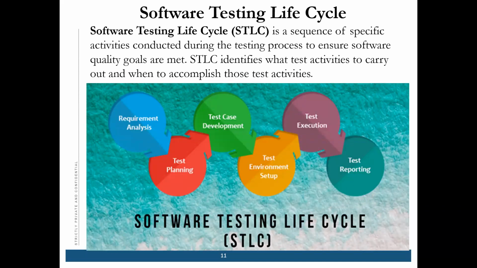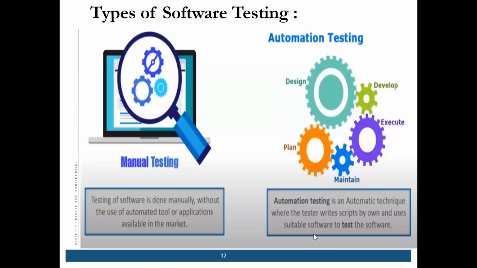So these are the various stages of the software testing lifecycle. Now, types of software testing. We already know that there are mainly two types of testing: manual, which does not involve any automation, and automation testing, which involves tools to overcome the drawbacks of manual testing.